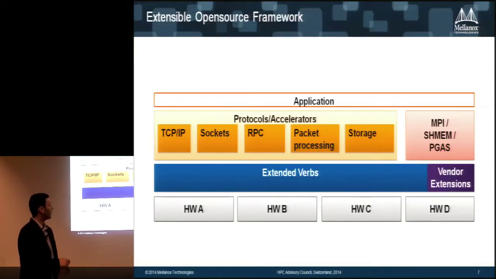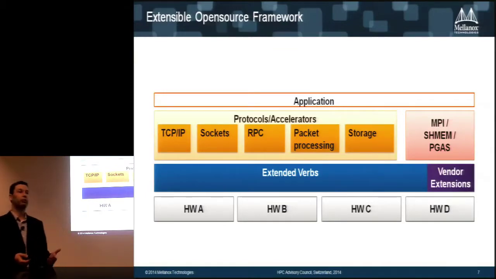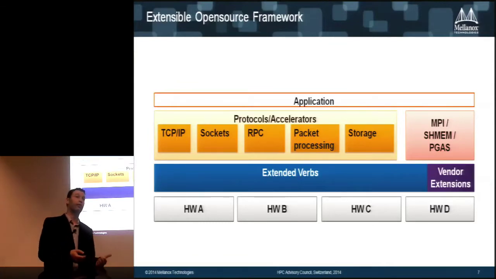And basically on top of that, there are going to be many protocols and accelerators and interfaces that will be optimized for different tasks: for sockets with different levels of offloads, for RPC, packet processing, storage, and so on.